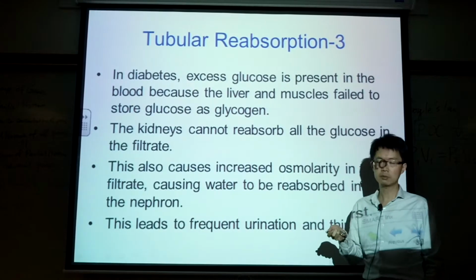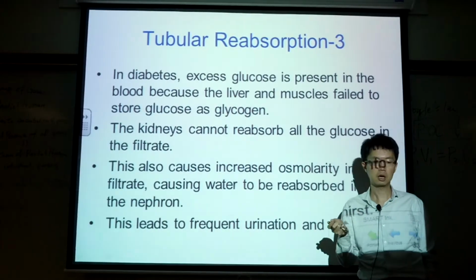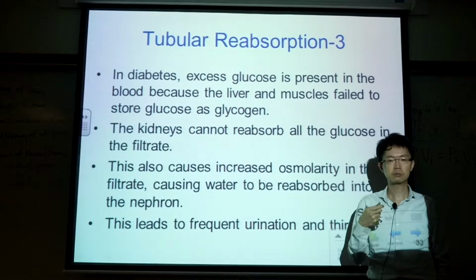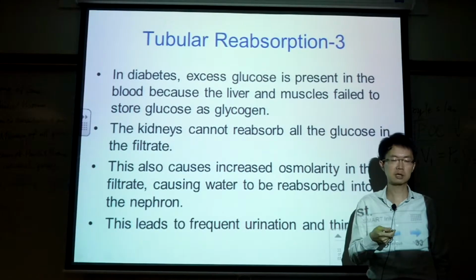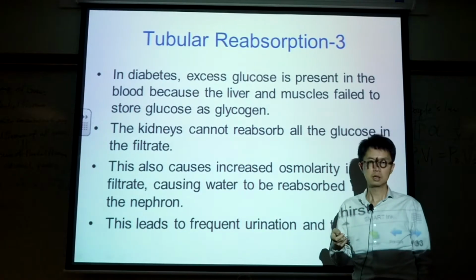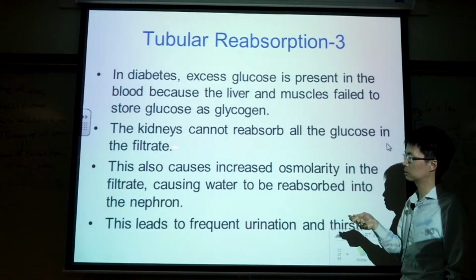When the pancreas cannot make insulin, then the liver and the muscle cells cannot convert glucose into glycogen. So those patients will have a very high blood glucose level all the time. Because the kidney is already at the maximum workload for reabsorption, the kidney cannot reabsorb all the glucose in the filtrate.